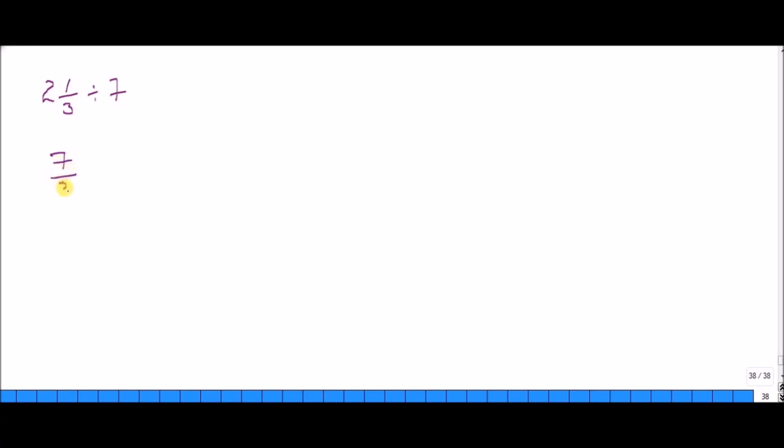This would now be 7 over 3 multiplied by the reciprocal, which would be 1 over 7. In this case, we'll say 7 into 7 one time, 7 into 7 one time, and 1 times 1, 1, over 3 times 1, 3. So 2/3 divided by 7, our answer would be 1/3.